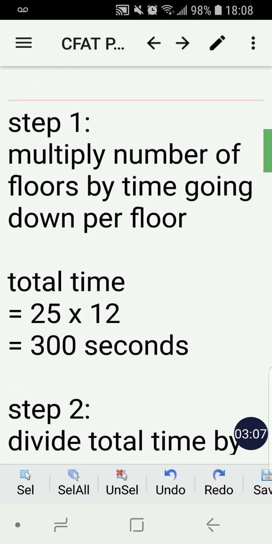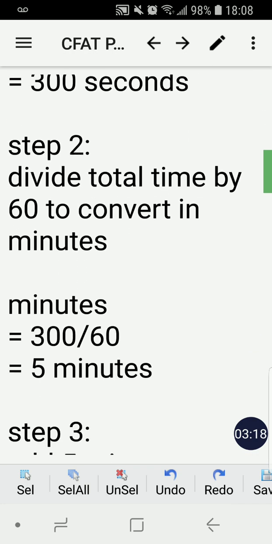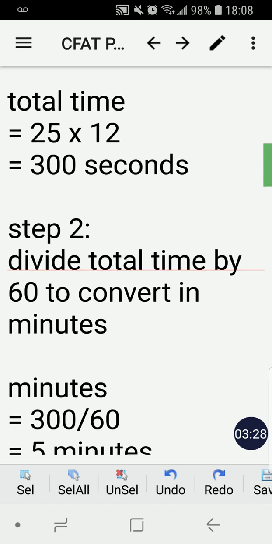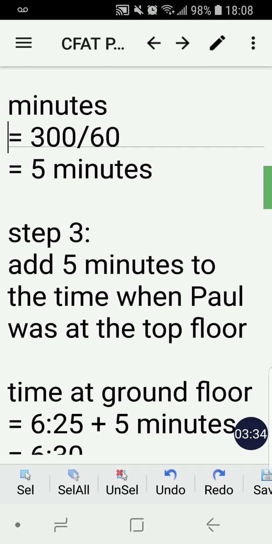So we multiply 25 times 12 to get the total time of 300 seconds. Step 2 is to divide the total time by 60 to convert to minutes. We divide 300 seconds by 60 seconds per minute and get 5 minutes. So 5 minutes is the total time from the 25th floor all the way down to the ground floor.